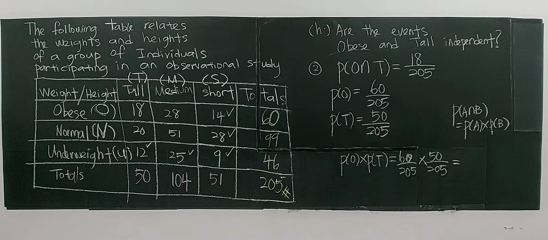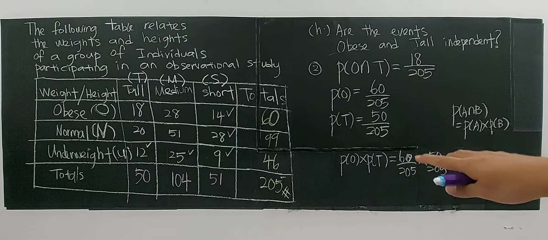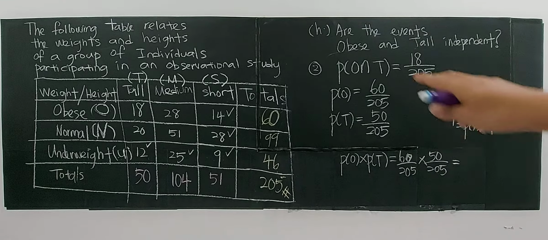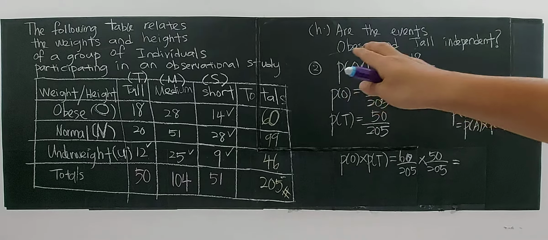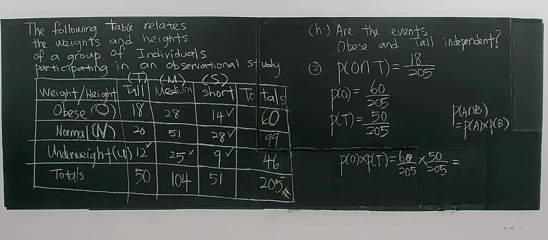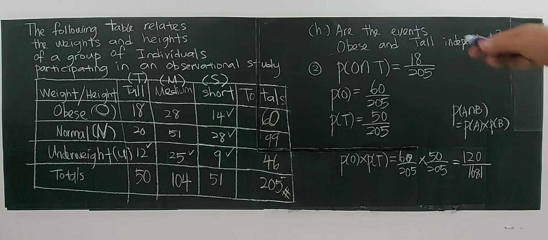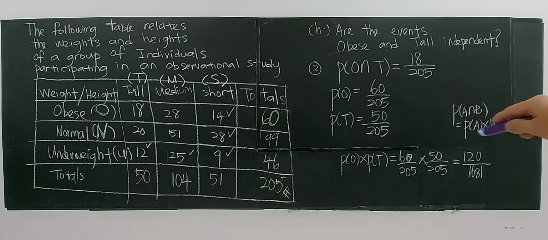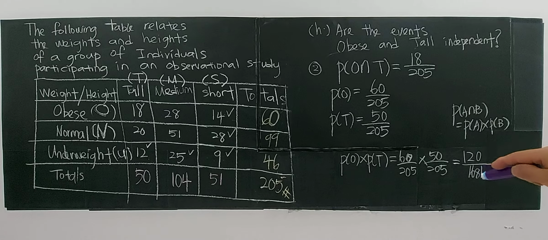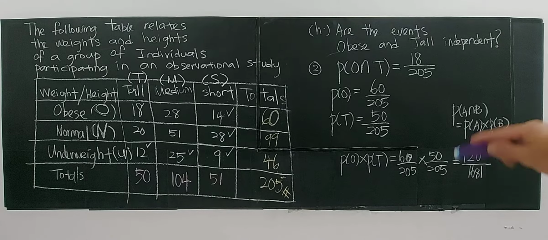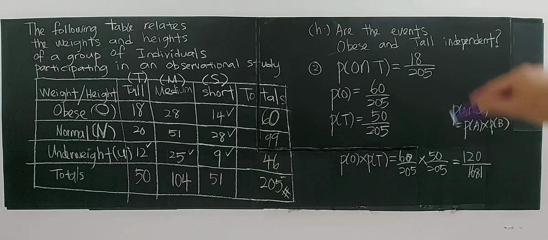Then we calculate to see whether the value after multiplying is the same as the probability of obese intersect with tall. I have calculated it as 120 over 1681 after simplifying, and these two values are not the same.